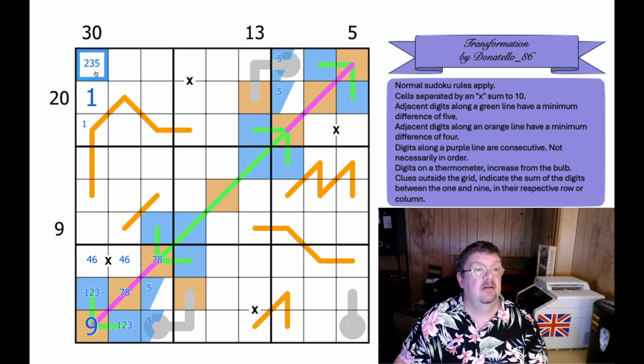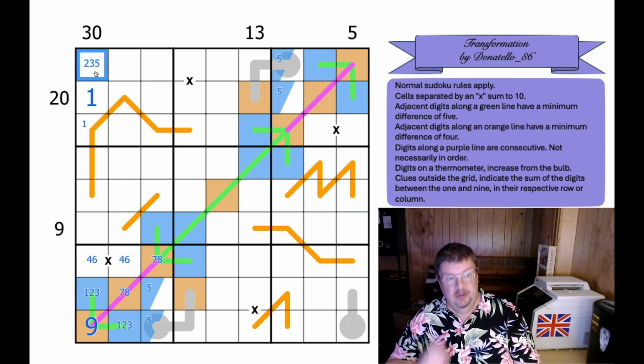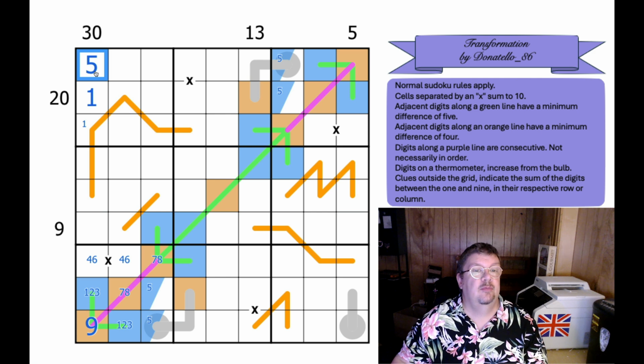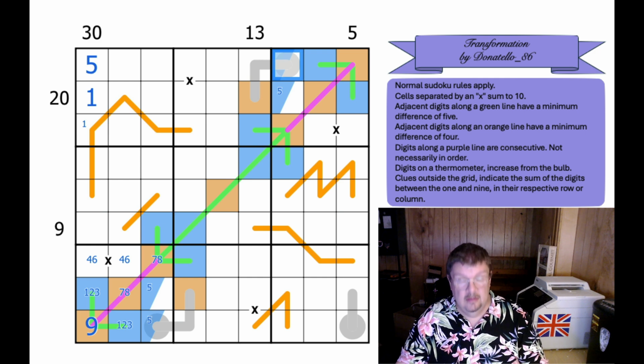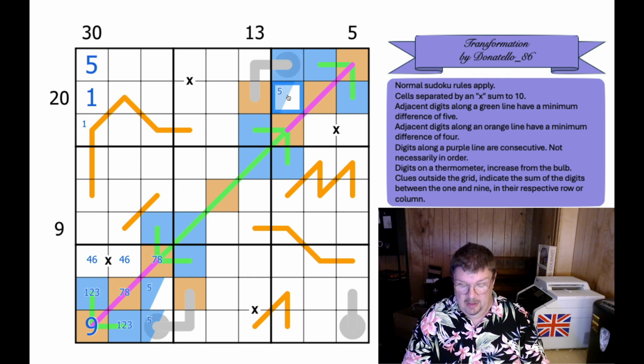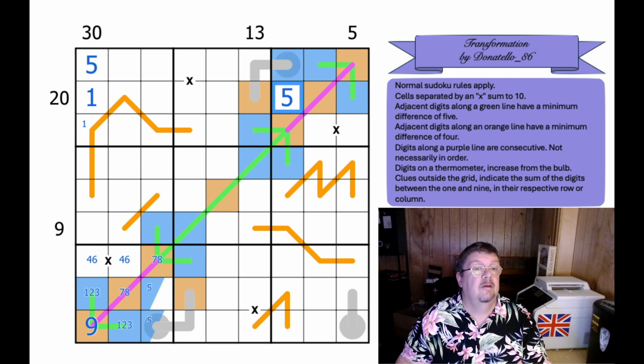I now have a single digit that is outside of the sandwich, and that must be a 5. That removes the 5 from here. That's a cold digit. That is a 5. And that places a 5 there.